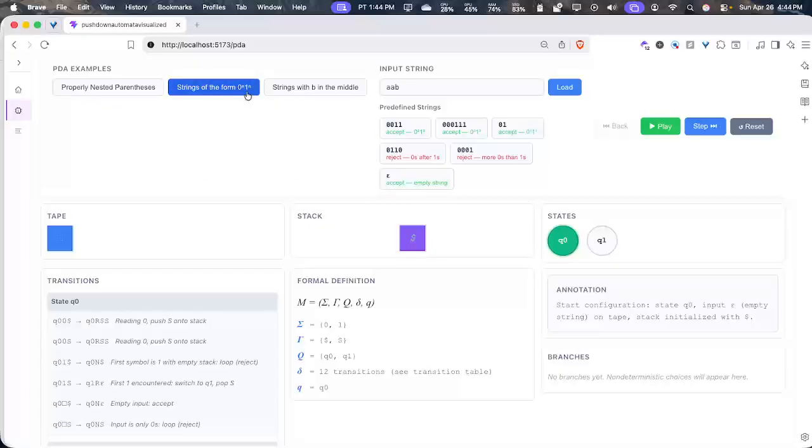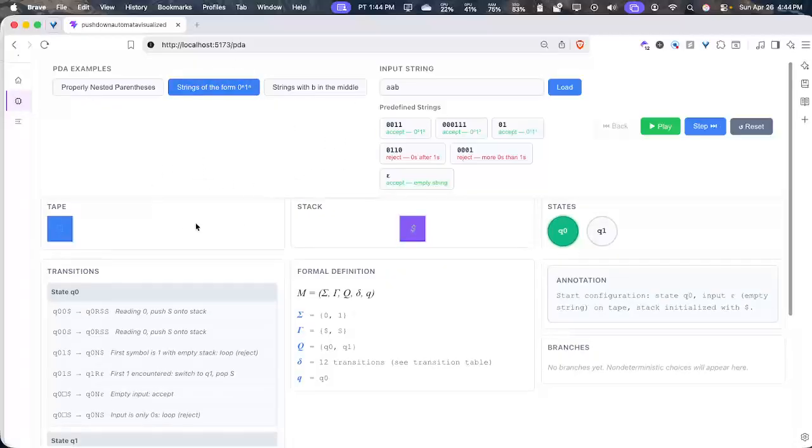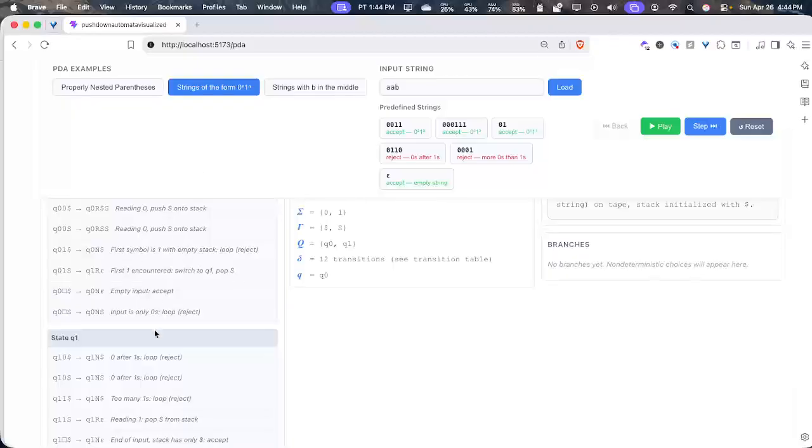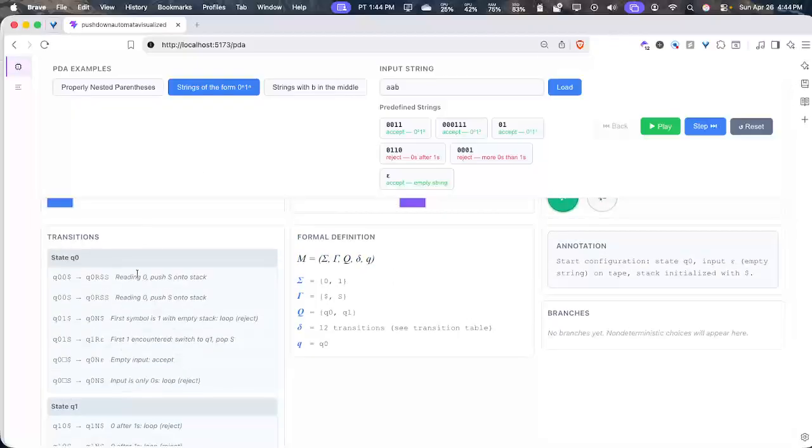An easy way that you know how many transitions you need is we have 0 and 1 here, and then we also have the square, so that's 0, 1, and square. That's 3 total items. The stack, we have the cash symbol and an S, and then we have two states, Q0 and Q1.